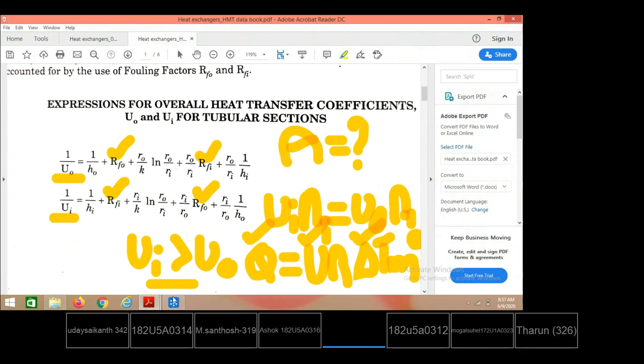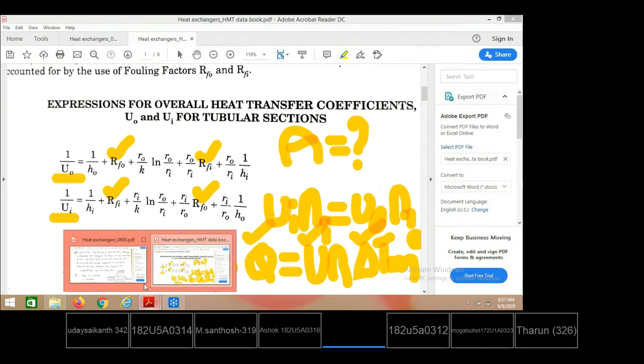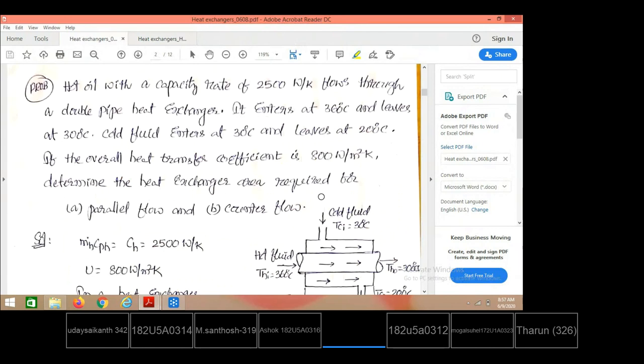In continuation of that, we are working out the problems. Let us see them. So here, hot oil with a capacity rate. Hot oil means a hot fluid. A heat exchanger consists of two different fluids, one must be hot and another must be cold. Here hot oil is the hot fluid that has a heat capacity rate of 2500 watt per Kelvin.